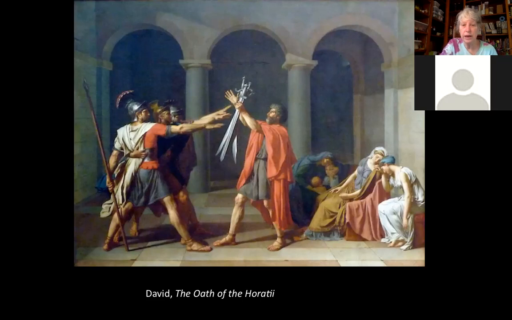But anyway, David meant for this to be an example of a kind of patriotism that was good, in contrast to the lack of real patriotism on the part of the French king or the French aristocrats, who were just wasting the country's resources on a big party for themselves.